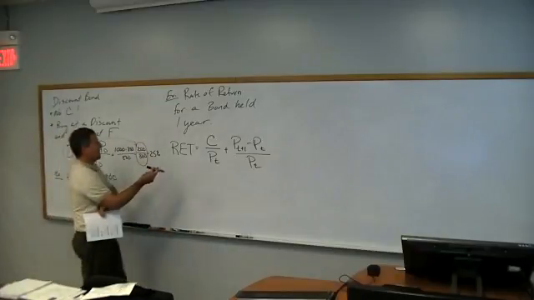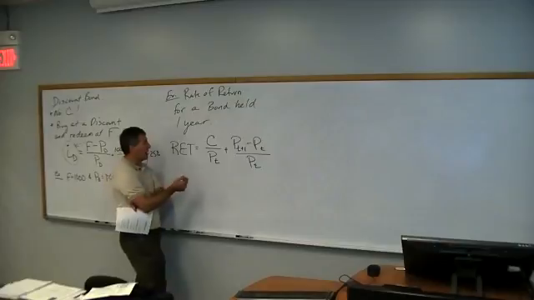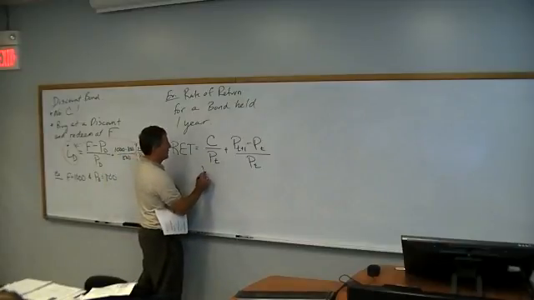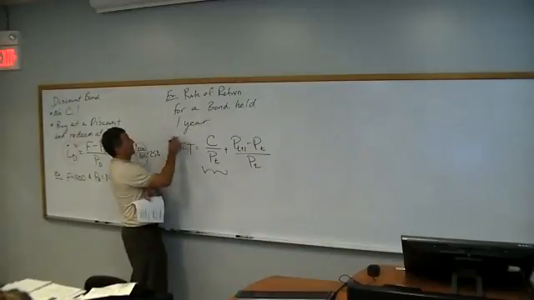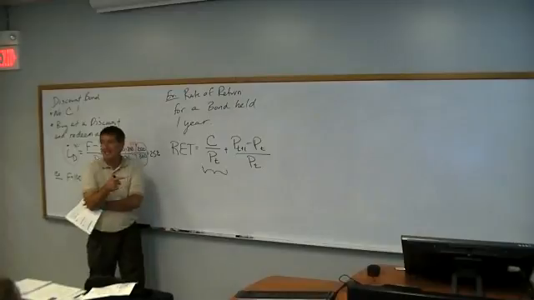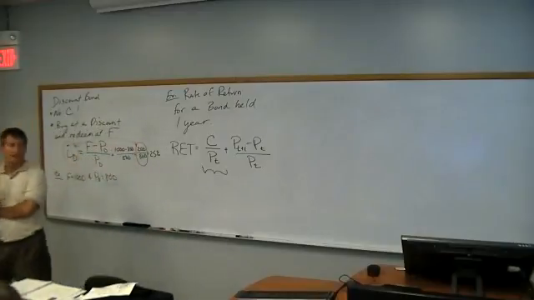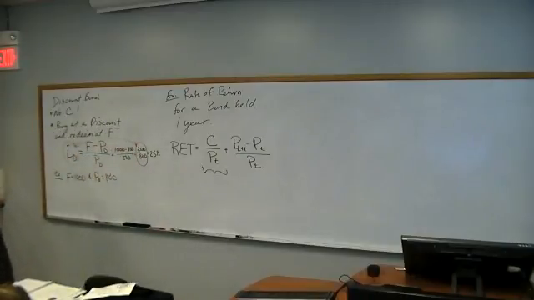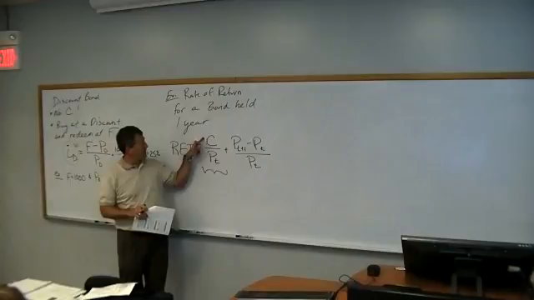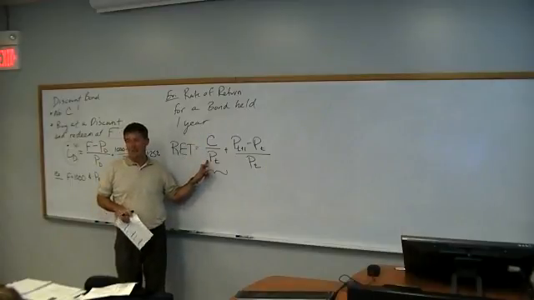What does C mean? Coupon. So that's part of the payment for the bond, right? So this first part here, this is the rate of return. So we got the coupon, what's PT? Price of the bond in time period T, right? Like today maybe. So we've got the coupon divided by the price.